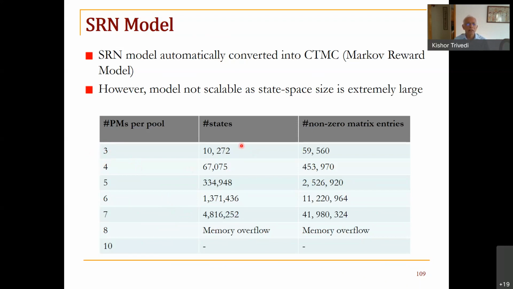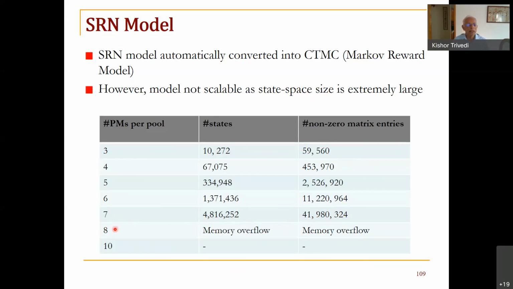The number of states is 10,272, and the number of non-zero entries in the Q matrix is 59,000 something. When we went to 777, so 21 total machines, we had 4.8 million states in the Markov chain and almost 42 million non-zero entries in the matrix.